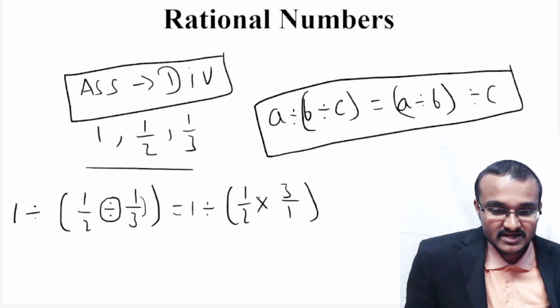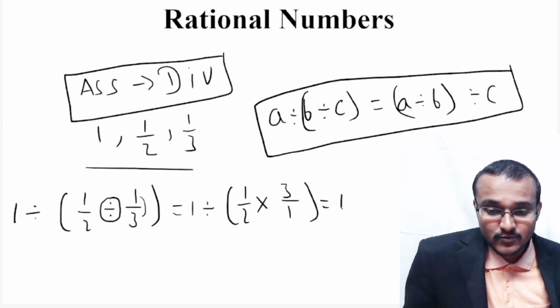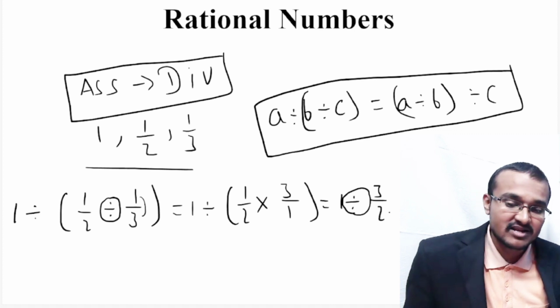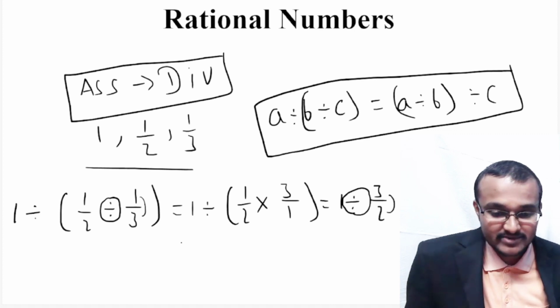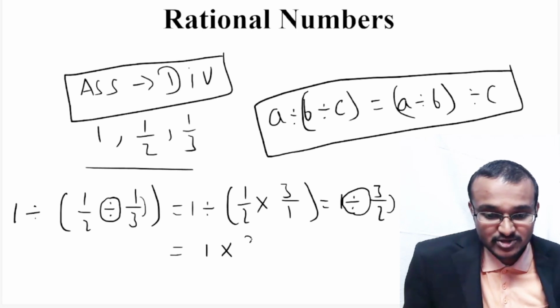So now you can solve this. 3 into 1 is 3, 2 into 1 is 2. So now it will be 1 divided by 3 by 2. Now again you can change this division symbol into multiplication symbol, and you can interchange the numerator and denominator. So 1 into 3 by 2 will become 2 by 3. So the answer which you are getting is 2 by 3.